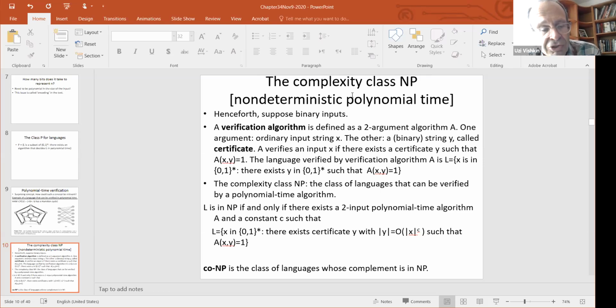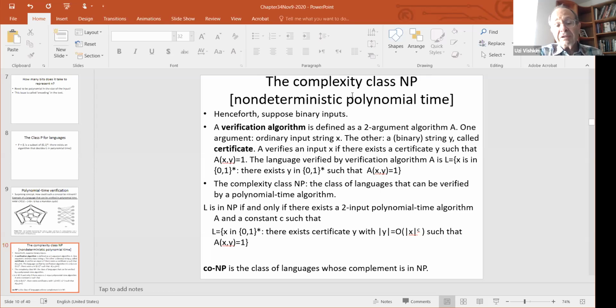Now, we are going to make an assumption throughout that all the inputs are binary, that the alphabet is 0, 1. And so what is a verification algorithm for a language? An algorithm A is a verification algorithm if it has two arguments.